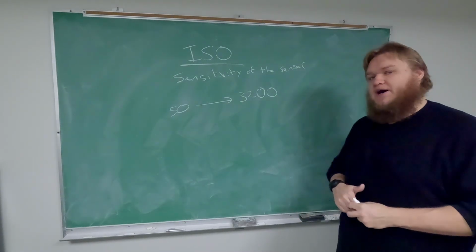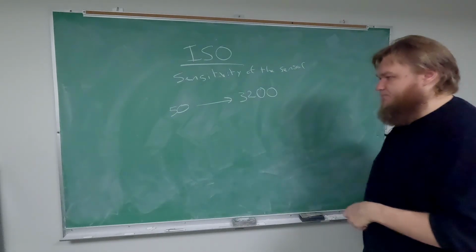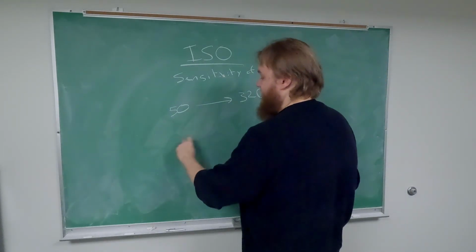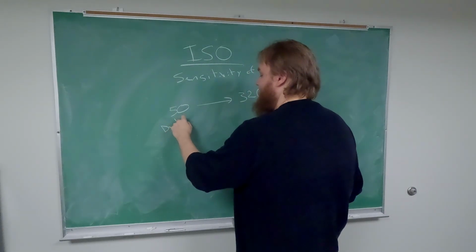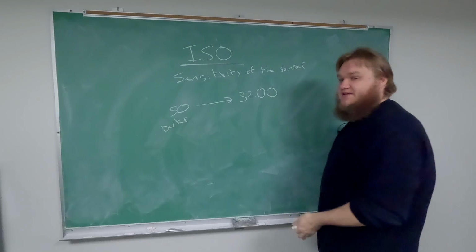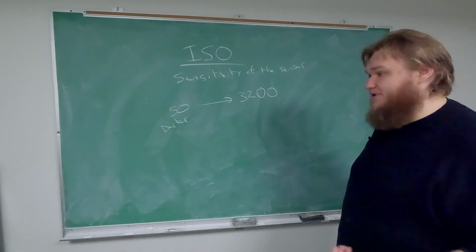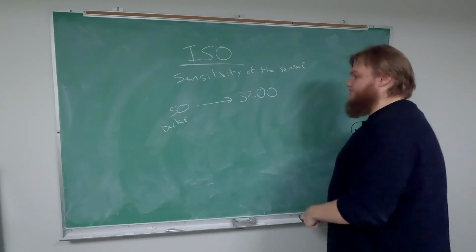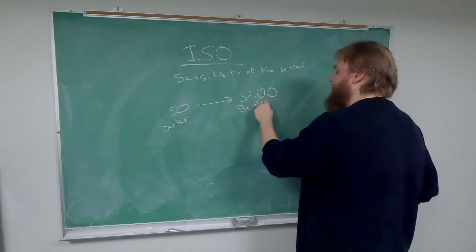I think there are a few that go higher, and we'll discuss why that might not be a good option. But typically, this end is going to be darker, right? We're less sensitive, so we need more light, longer shutter speeds, more open apertures, and of course, this end is going to be brighter.